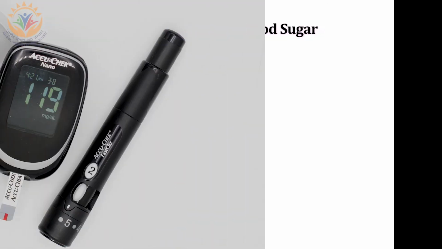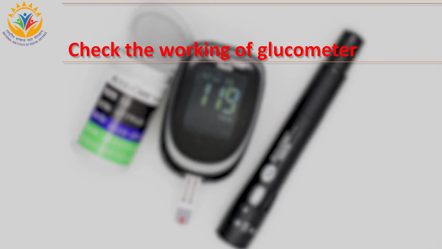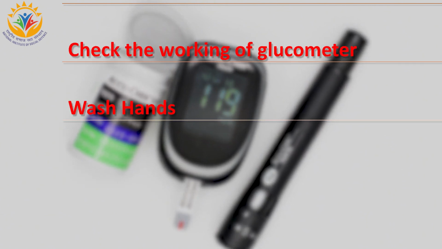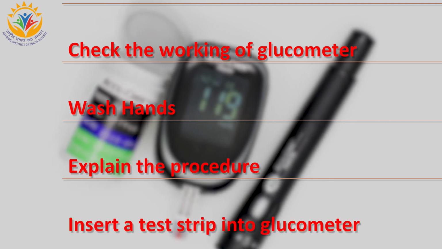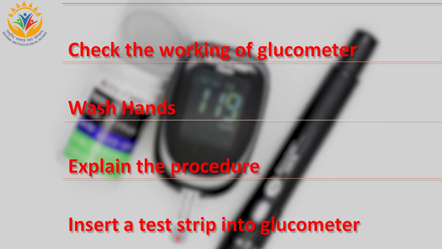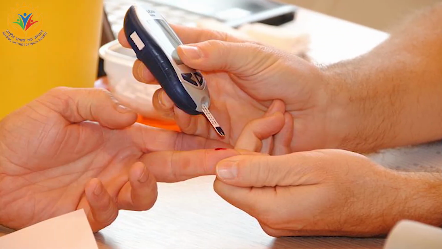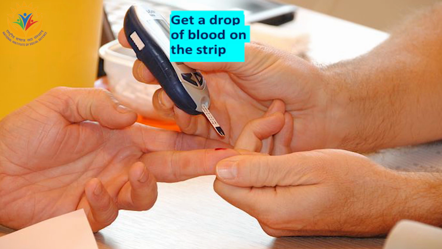For measuring blood sugar, first of all check the working condition of your glucometer, wash hands, and explain the procedure to the patient. Insert a test strip into the glucometer, and use your lancet or lancing device on the side of your fingertip to get a drop of blood.